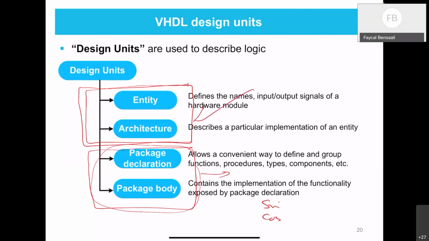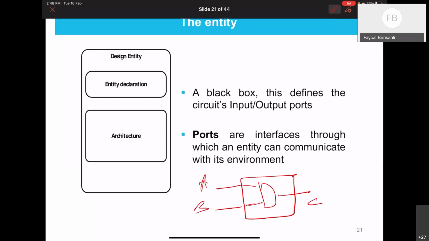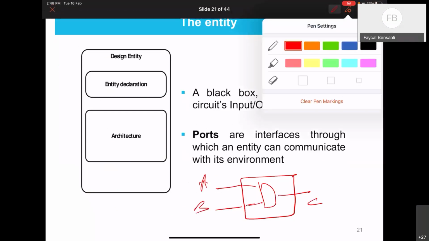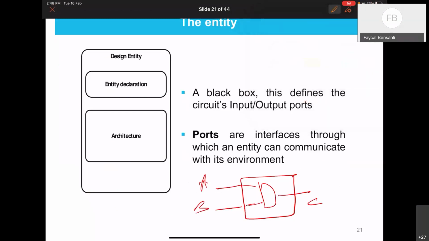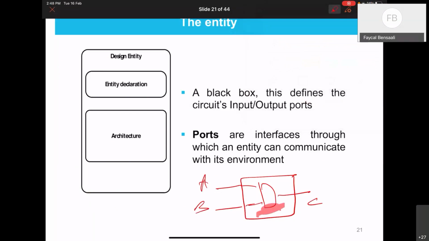So those are the main design units that we will be using: entity and architecture. So we start with the entity. Right. So if I have a circuit like that, I have an AND gate here. I have A, B, and C. And let's say that I'm going to hide, to color this.